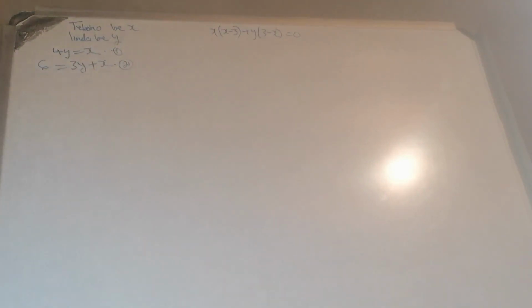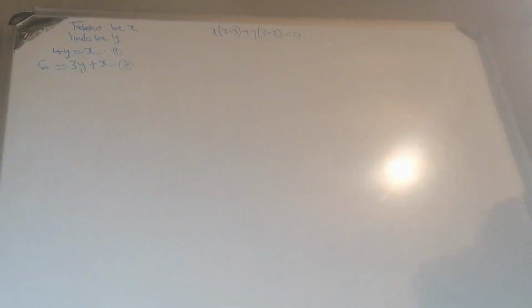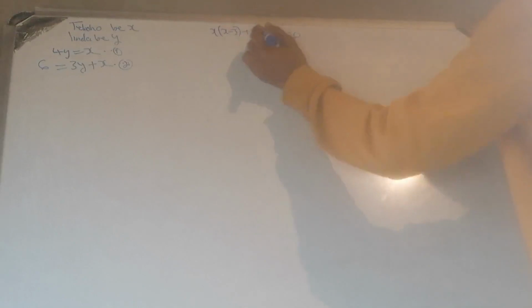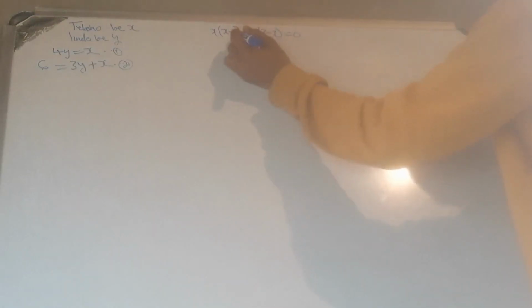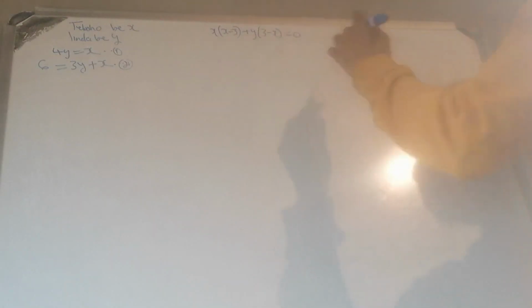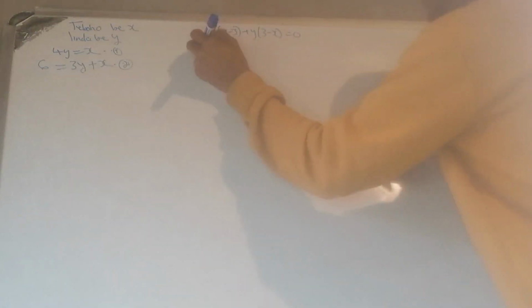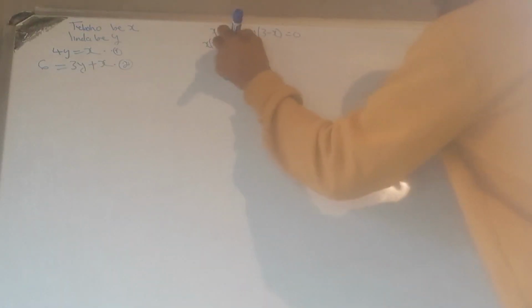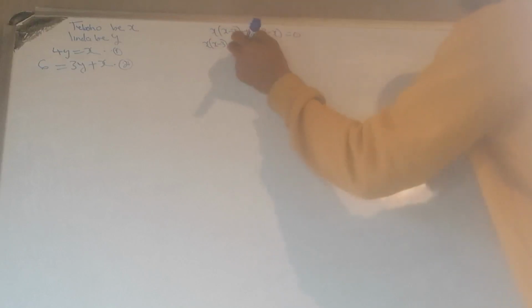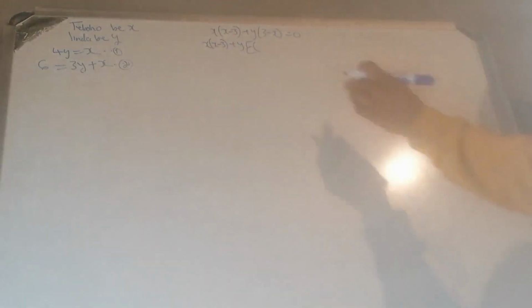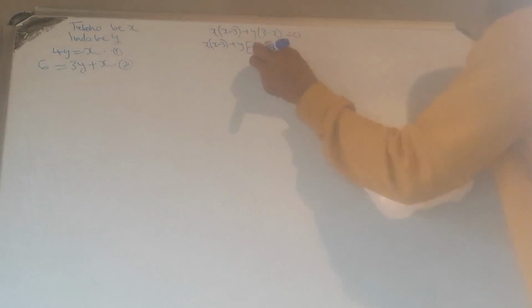Solve for x and y. Can we realize x positive, x negative, y 3 negative, x positive. So we need to factor out a common factor, a negative. I will factor out a negative here. This will be negative 3 because negative times negative is a positive.